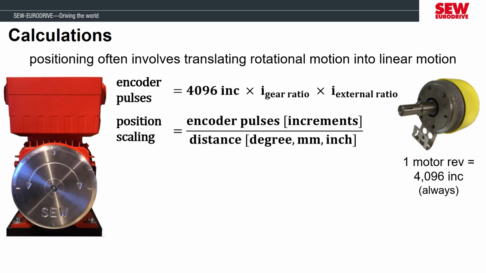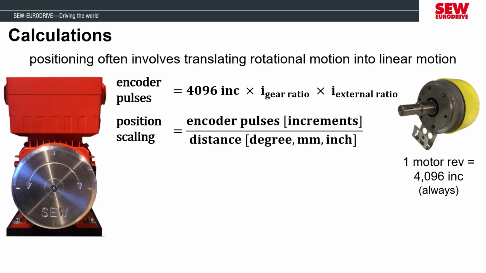The difference in encoder pulses from point A to point B would be the value that we would use in the numerator of this equation. Then we can use a tape measure to determine how far the equipment traveled between point A and point B, and that value will be placed in the denominator as the distance.